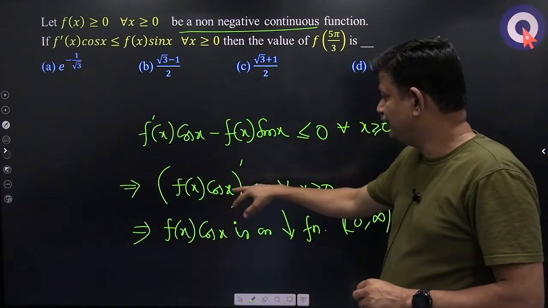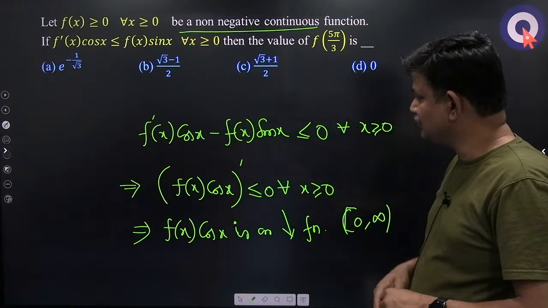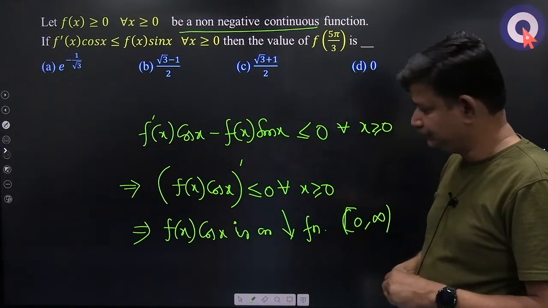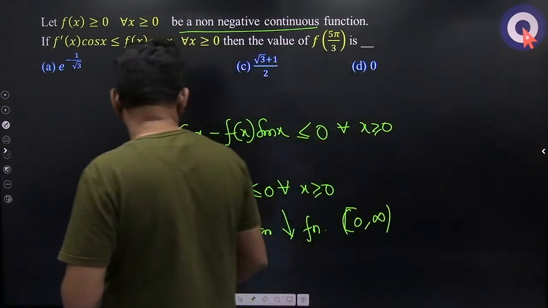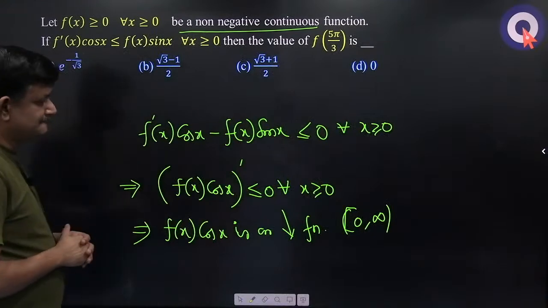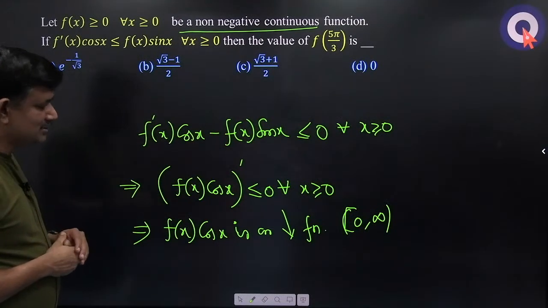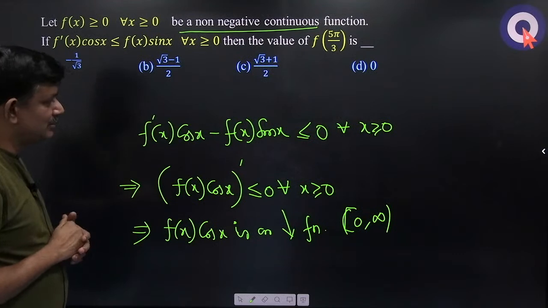F of x cos x is a decreasing function because its derivative is less than or equal to 0 for all x greater than or equal to 0. Now if this is a decreasing function, then f of x cos x should always be less than or equal to how much?